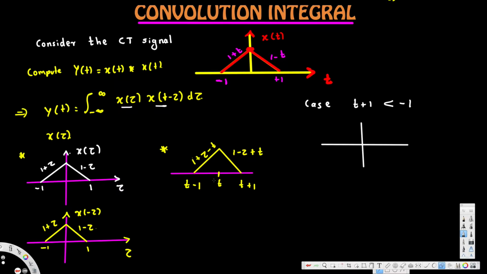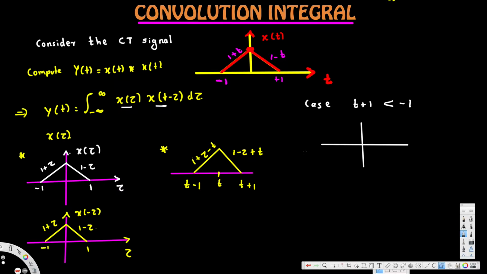We are just shifting t and looking at the possible location of t because we don't know where exactly it is located. So that's why the first case is t plus 1 less than negative 1.